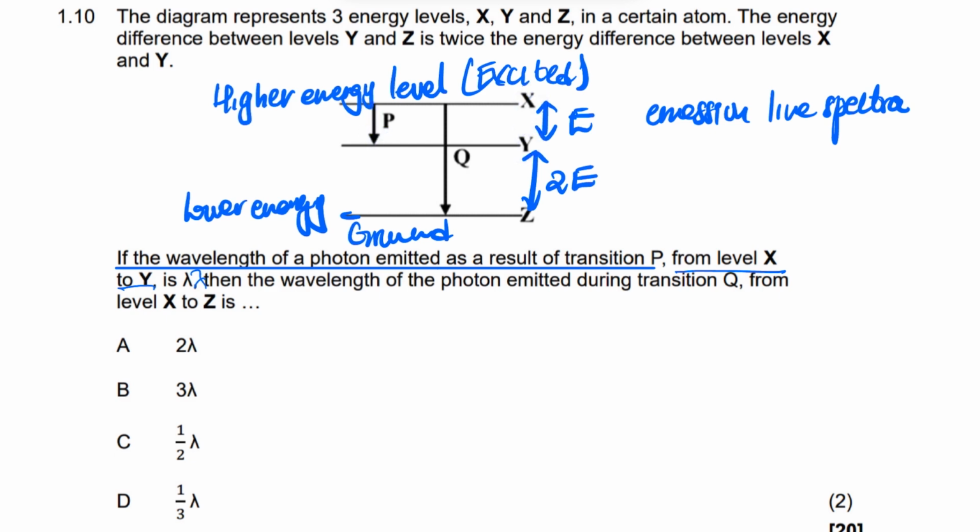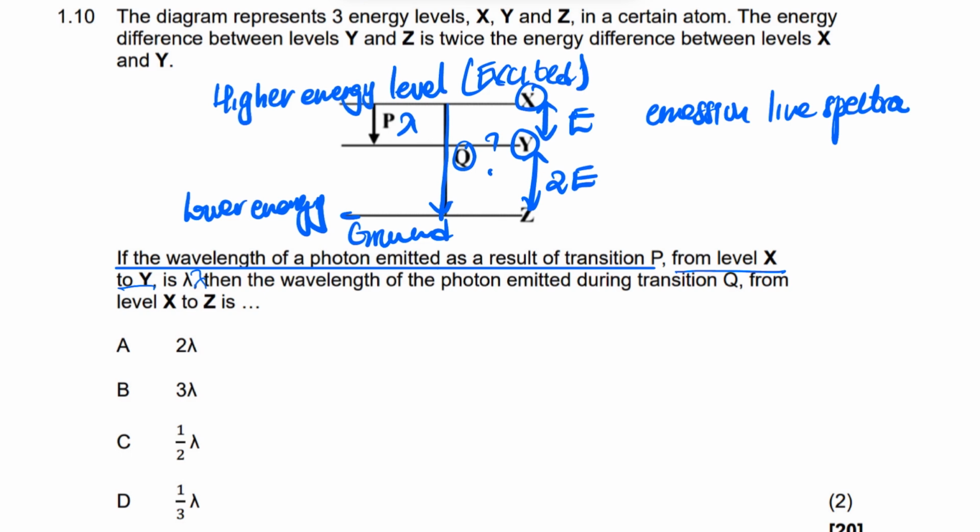And then it says, the wavelength of the photon emitted during the transition Q from X to Z, if the wavelength from X to Y is just lambda, but they're asking now from X to Z, which is the transition Q, what is the wavelength there?